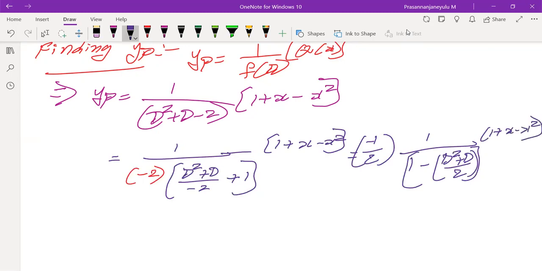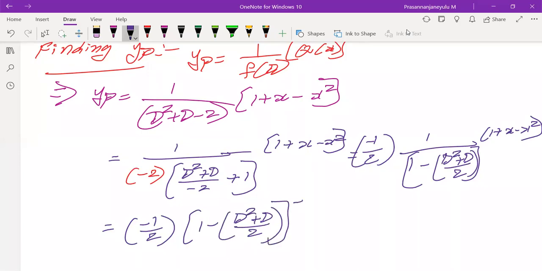Now we have to take this to the numerator part. It becomes minus 1 by 2 into (1 minus (D square plus D) by 2) whole power minus 1, of 1 plus x minus x square.